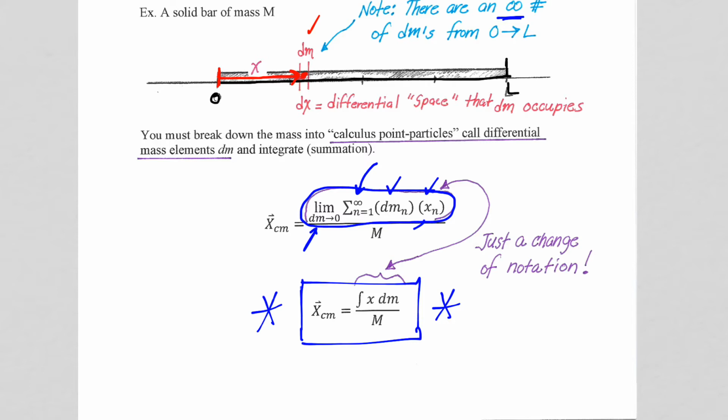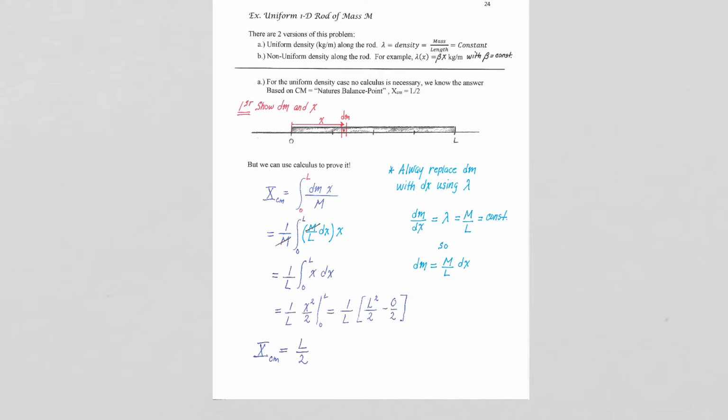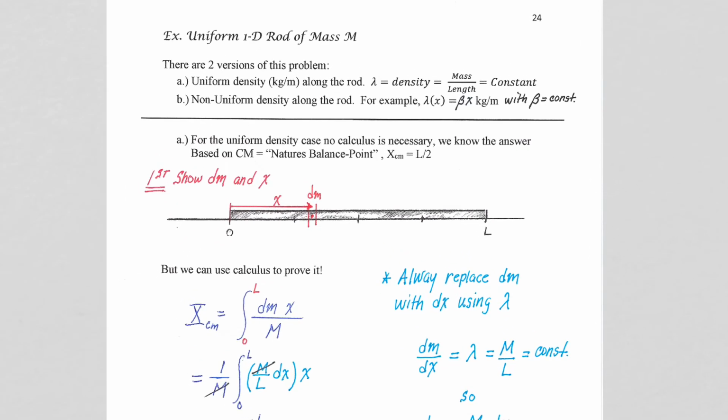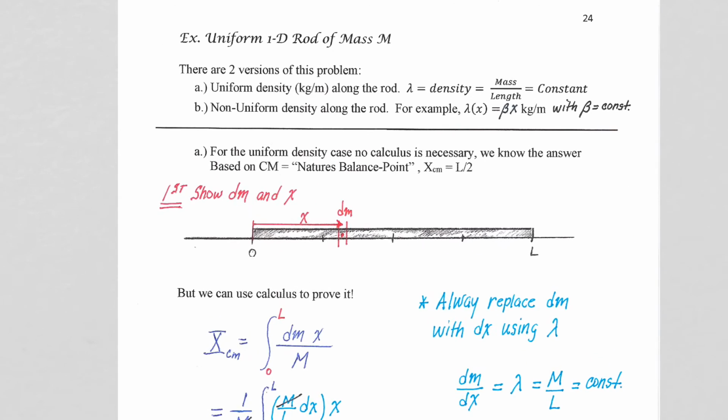And as an example, let's take a look at how we apply this. All right, so we're going to basically look at the same problem we just talked about. But before we do that, let me just make a note to you that there are really only two versions of this one-dimensional rod problem that we're looking at.